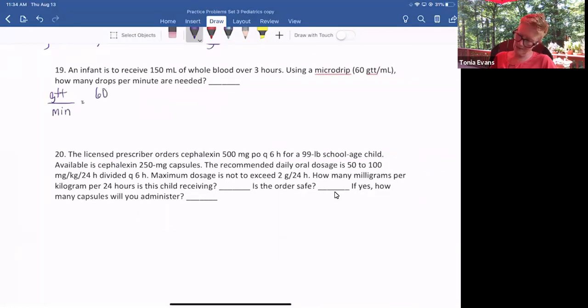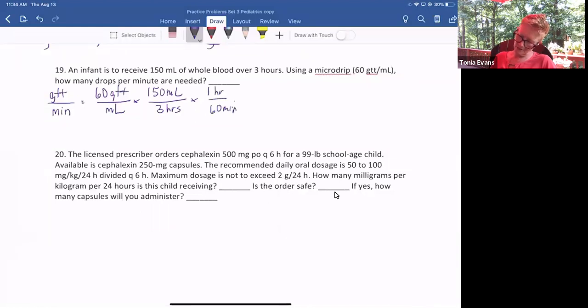We know that we've got 60 drops per ml. And we have 150 mLs in 3 hours. And 1 hour is 60 minutes.